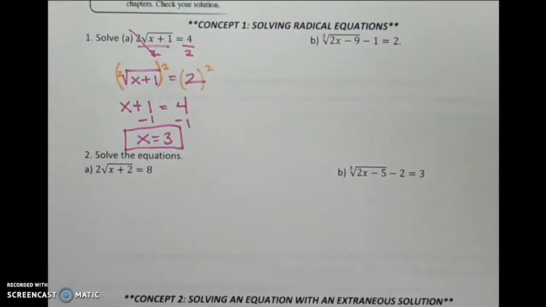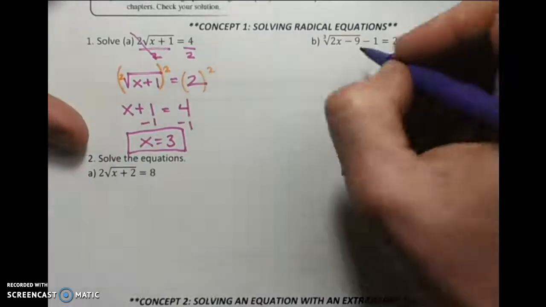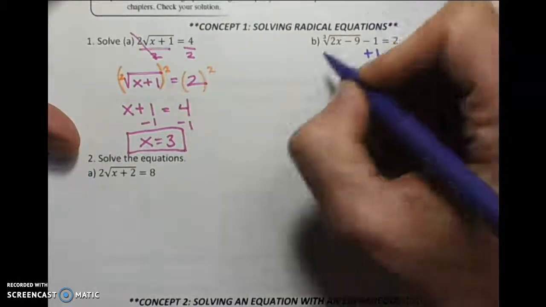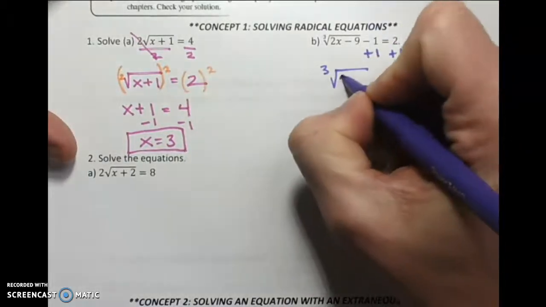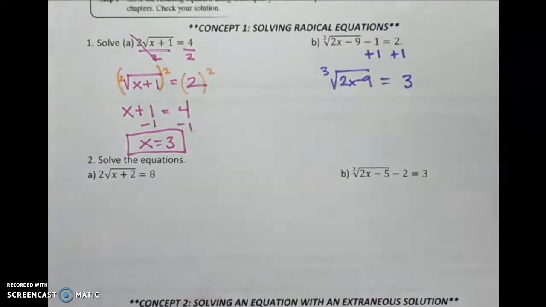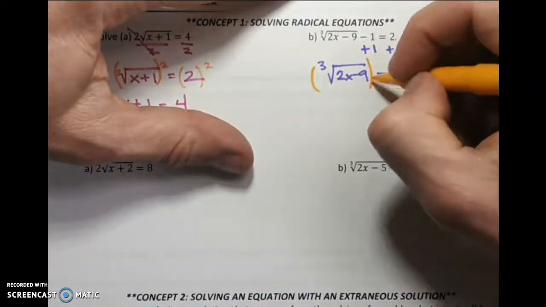B. Cube root of 2x minus 9, minus 1 equals 2. Isolate that cube root by adding 1 to both sides of the equation. I get the cube root of 2x minus 9 equals 3. This time, I'm going to take the power of 3 to both sides to get rid of that cube root.